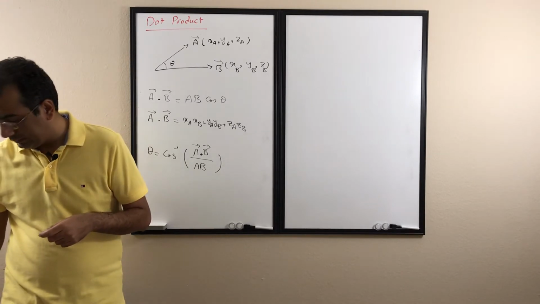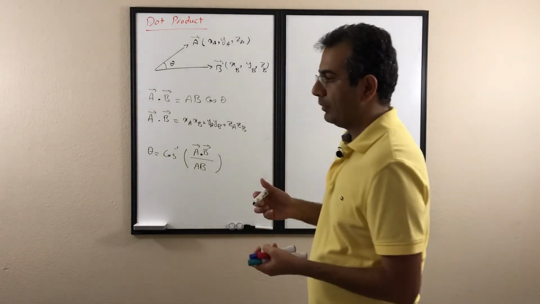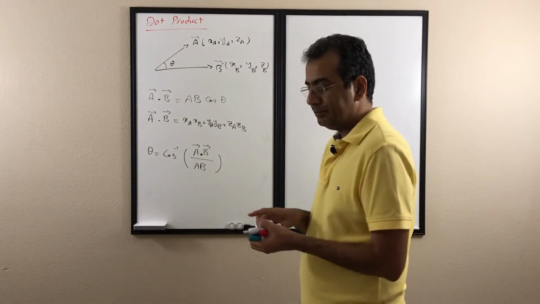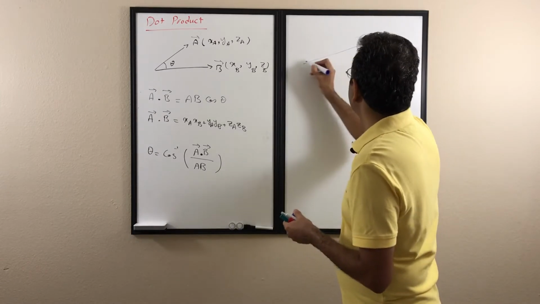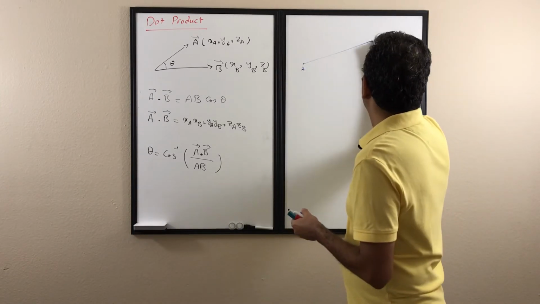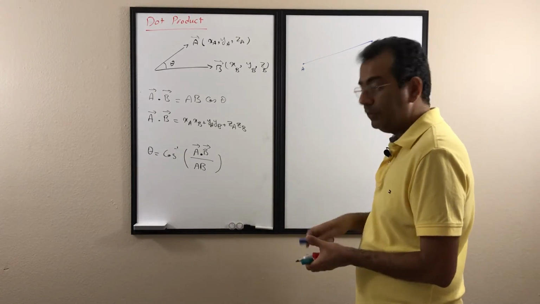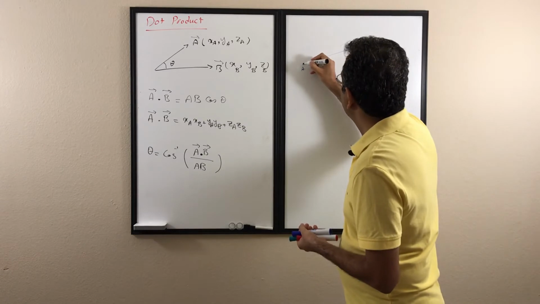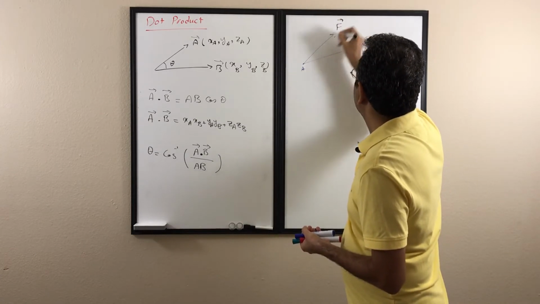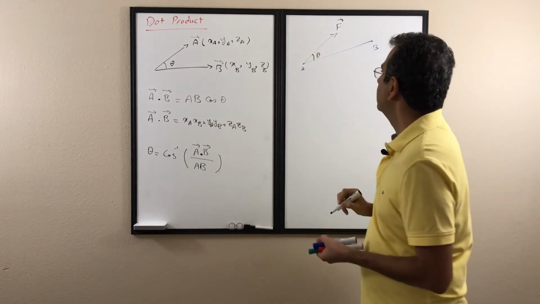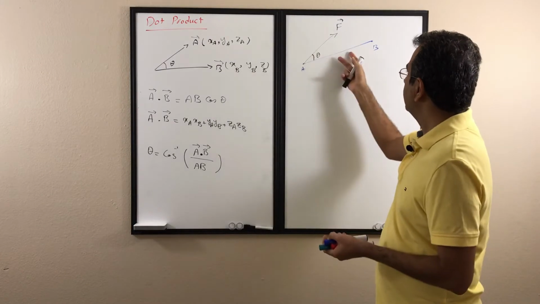How we do that is assume that we have a line AB, so it's A and B. And then we have a vector F that has an angle theta with line AB, and we want to find the projection of that F on line AB.